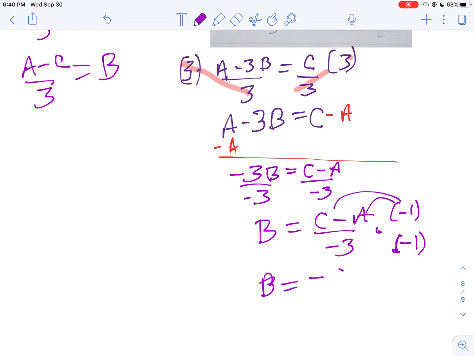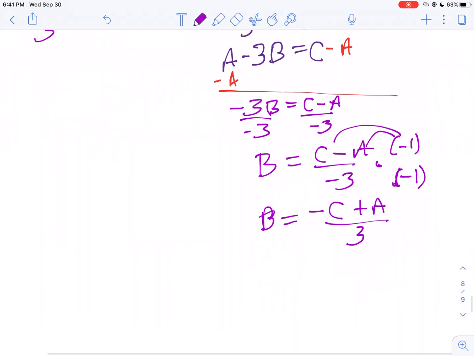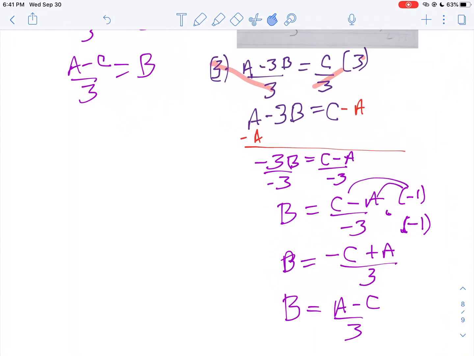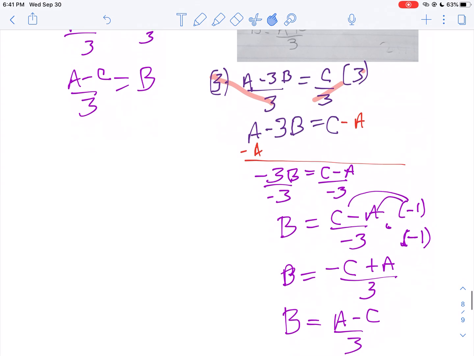So we get negative C plus A. A negative times a negative is a positive. That's still not the same, is it? Actually, it is the same. I'm just going to flip the order of the A's and C's around. So you get A minus C all over 3. Those two equations are exactly the same.